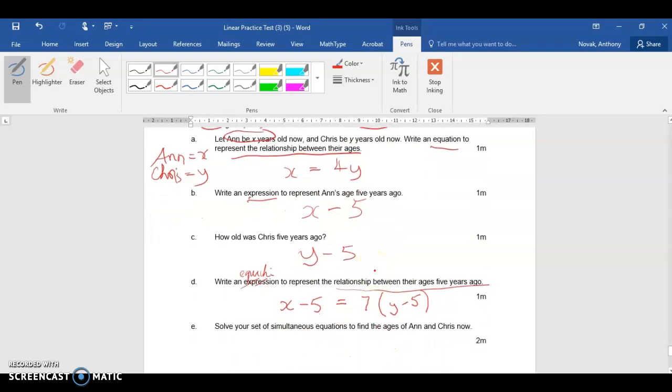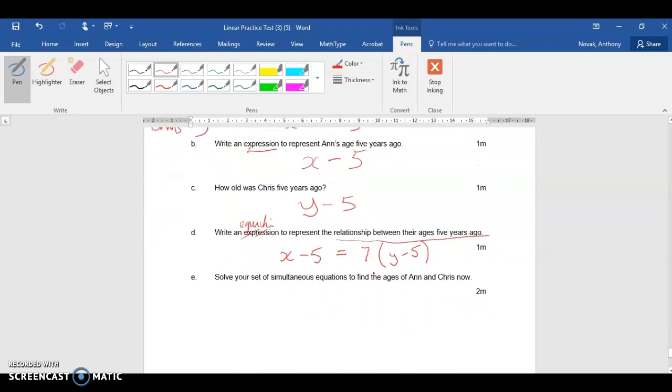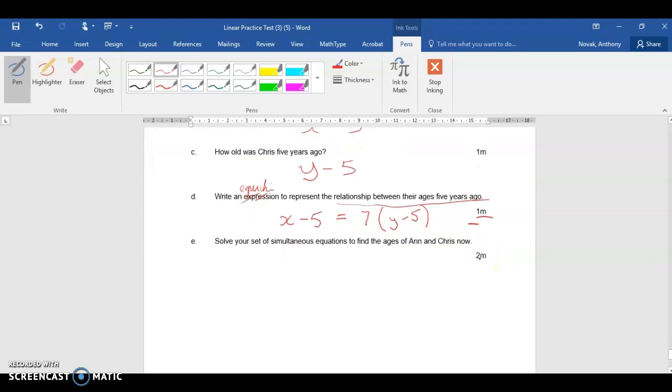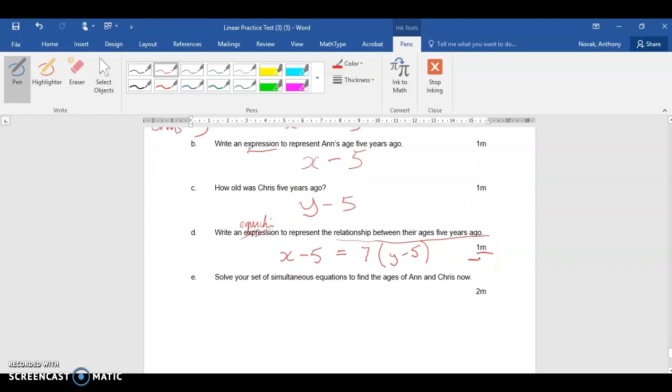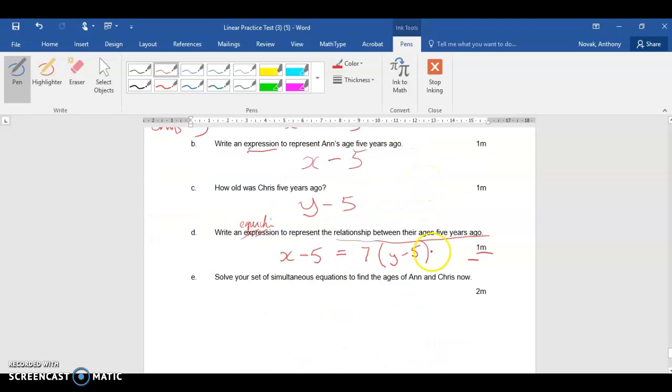Now if you make a mistake, as long as you show your workings from here on, you'll only lose the 1 mark. So, solve your set of simultaneous equations. Why do they say simultaneous? Because we have two equations: there's equation 1, there's equation 2. So we write them out again.